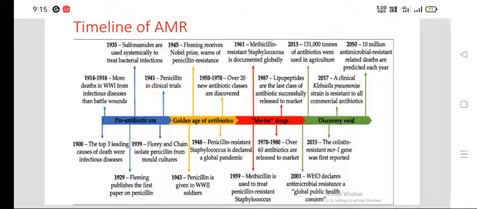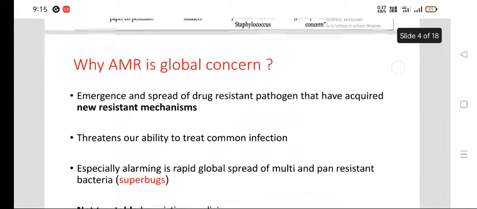After that, in 2017, a clinical Klebsiella pneumoniae strain was resistant to all commercial antibiotics. And it is predicted that there may be 10 million antimicrobial-resistance-related deaths each year. So just imagine what the consequences of this will be.